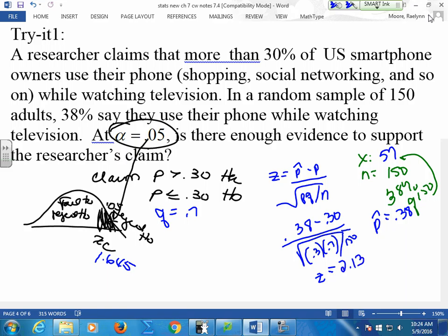So if I'm using the reject region, I'm going to say 2.13 falls over here to the right of my 1.645. That's where I needed this cutoff. It falls in this shaded area. So my decision is reject H0.